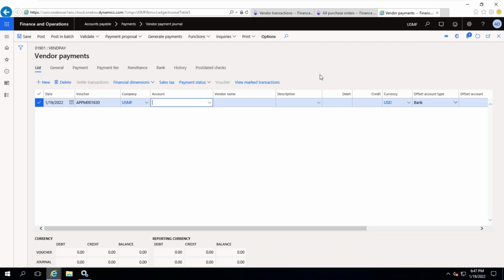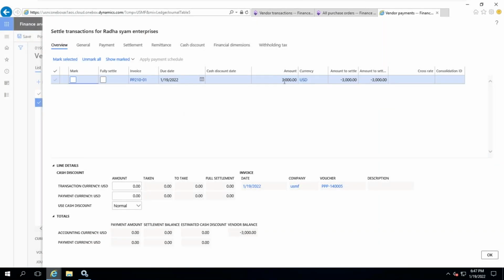Here, we are selecting the vendor account 1014 Radhashyam Enterprises. Now you can click on settle transactions. The prepayment invoice for 3000, already generated, is showing here.